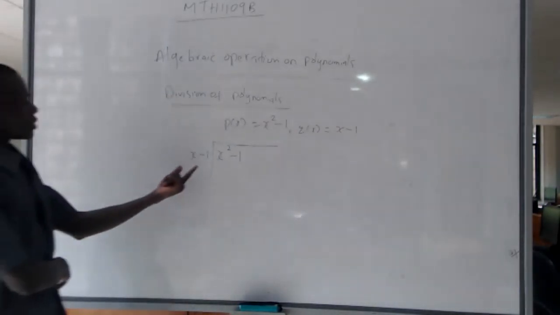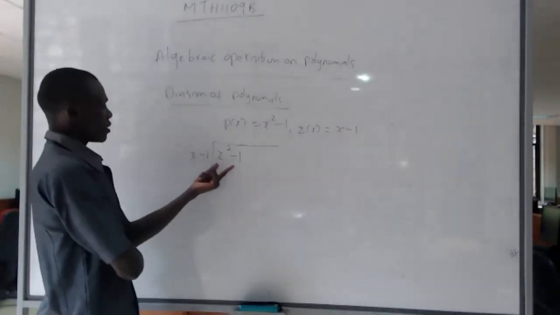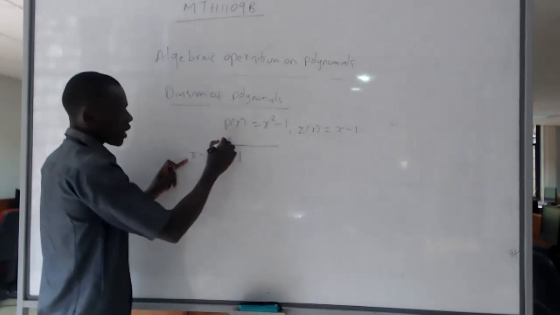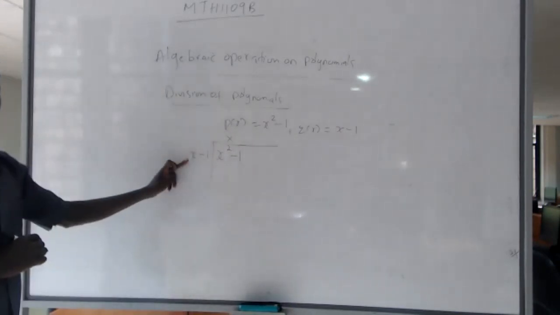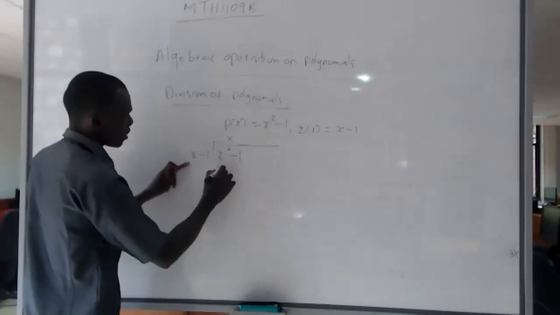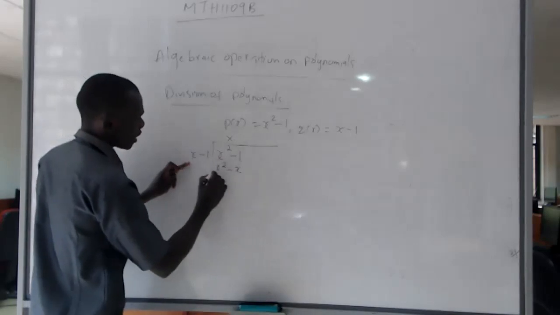Can x minus 1 go into x squared minus 1? Of course, x can go into x squared x times. So x times x is x squared, x times minus 1 is minus x.